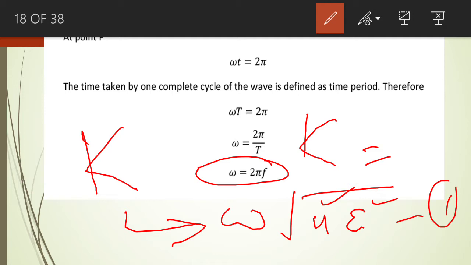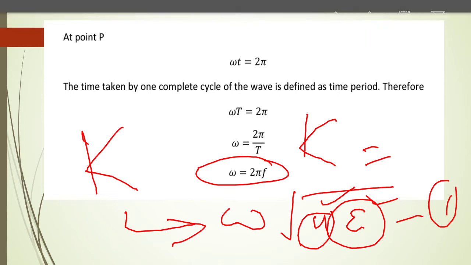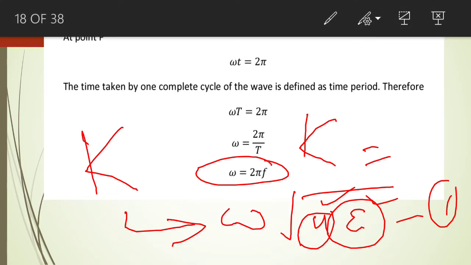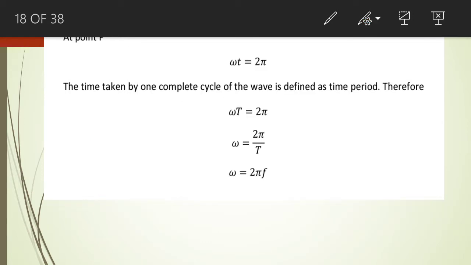Well, k depends upon the medium as well, because k is a function of the permeability of the medium and the permittivity of the medium. So it depends on the properties of the medium, right? Anyhow, this is equation number 1. We can calculate the propagation constant k with the help of equation number 1.